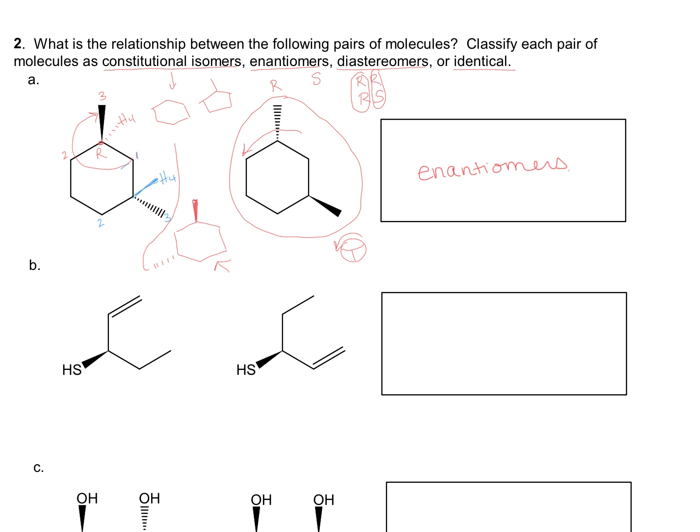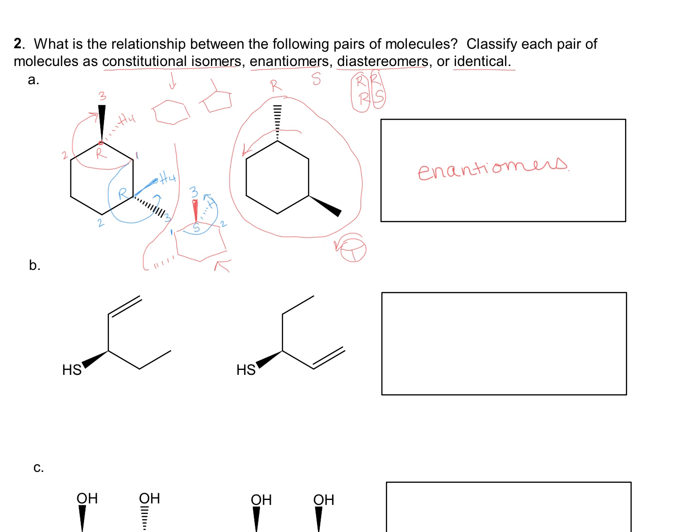It's 4. So it looks to be S, but since the hydrogen's in the front, it's going to be R. And then over on the other side, we have 1, 2, 3, and hydrogen's in the back. So it looks to be S and the hydrogen's in the back, so it is what it is.